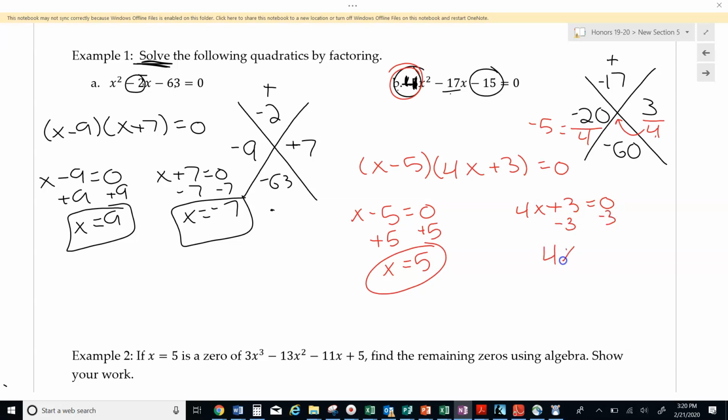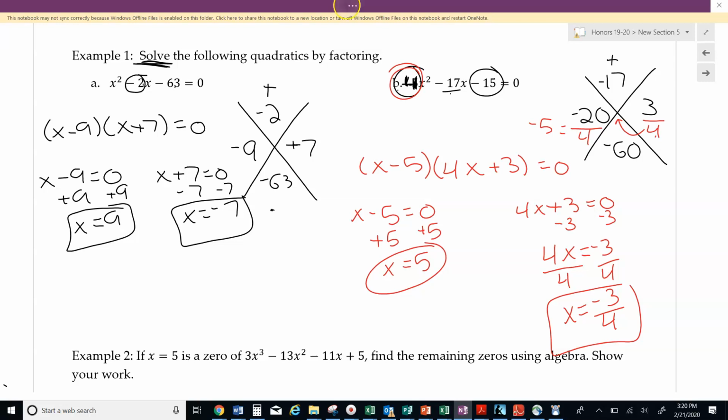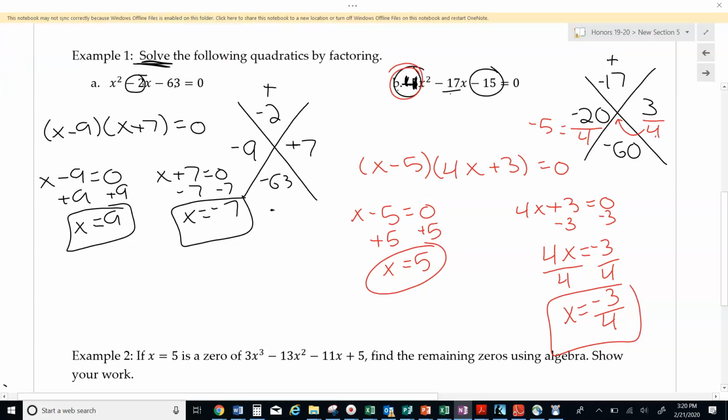Subtract. Now we have 4x equals -3. Divide. x equals -3/4. Okay. All right, so that was another review of factoring as we get into what we're doing now.